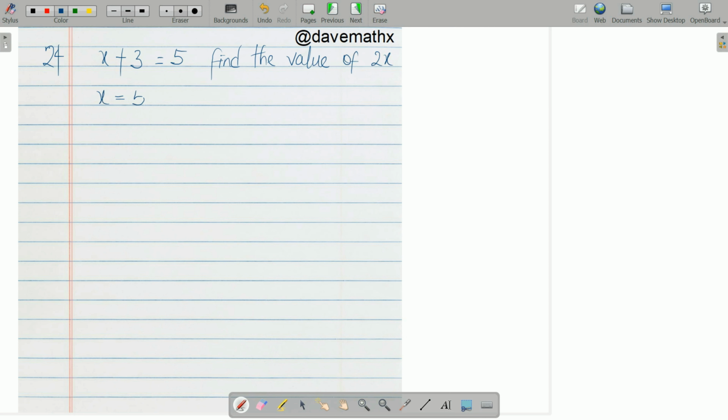Initially, we write x equals 5. Then, we shift the plus 3 to the other side, where it becomes minus 3. Then x becomes 2. We replace the value of x with 2 to discover the value of 2x. 2 times 2 is equal to 4, and that's the final answer.